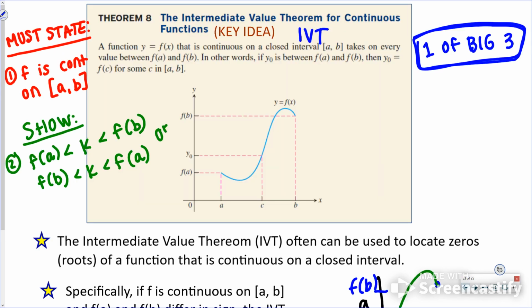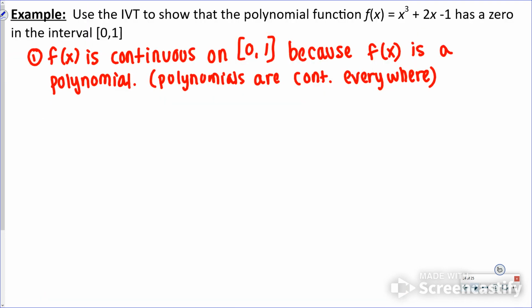So we have to basically find next f of a and f of b, where a and b are the values that they give me on the interval. So this would be a, this would be b. So second, I usually just start by finding f of a. So f of 0, I'd use my equation, is 0 cubed plus 2 times 0 minus 1.